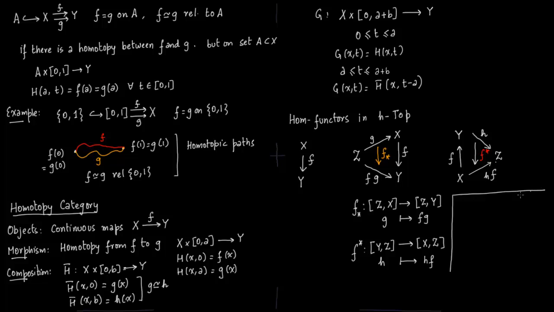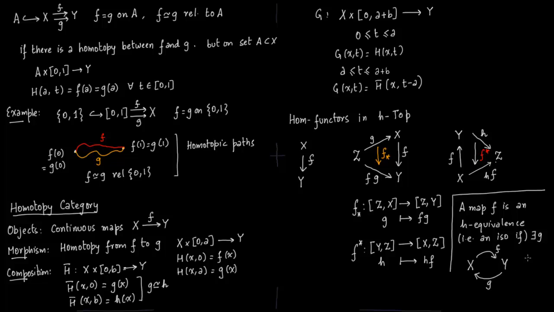So now we talk about this homotopy equivalence. So we are just going to repeat the definition which we have already covered. So a map f is an H equivalence or an isomorphism if there exists another map G such that, so you have map f going from x to y, then you have a map G going in the opposite direction.